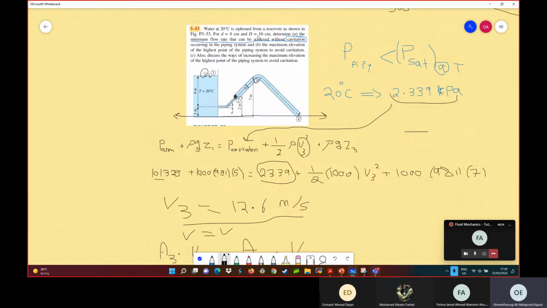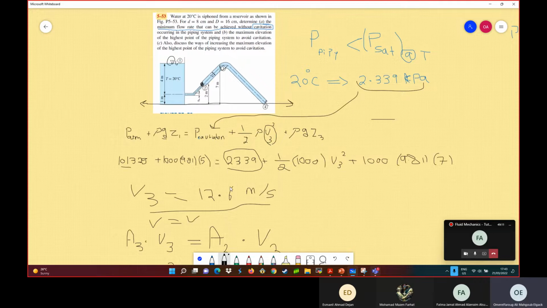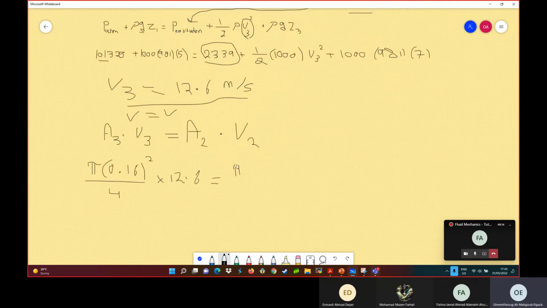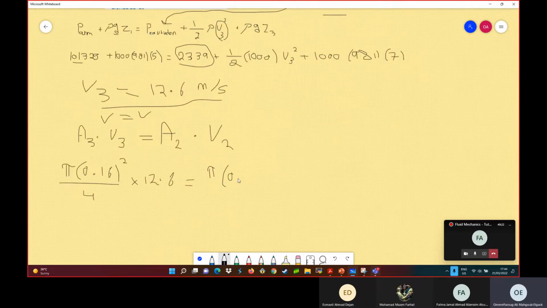What's the diameter at 3? 16, which means 0.16 meter, squared divided by 4, multiplied by this velocity, 12.6, is equal to the area at 0.2, which is pi, the diameter is 0.08 meter, squared divided by 4, multiplied by V2.